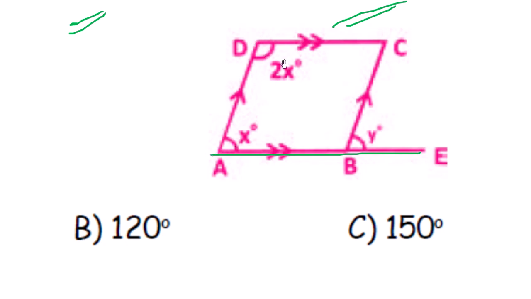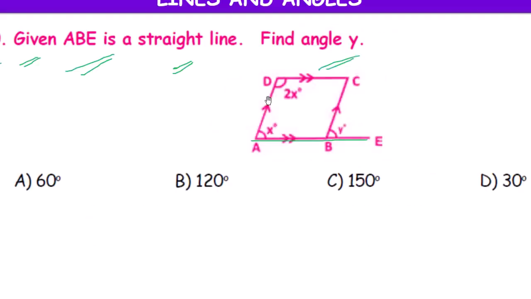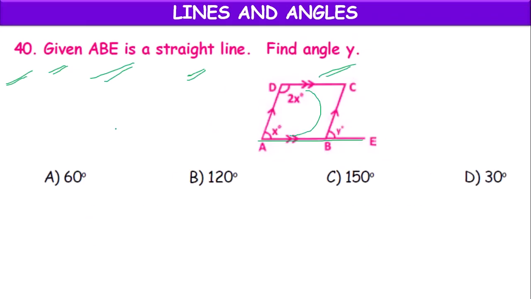This 2x and x will make a co-interior angles pair whose sum is supplementary. So 2x plus x equals 180 degrees, 3x equals 180 degrees, so x equals 60 degrees.